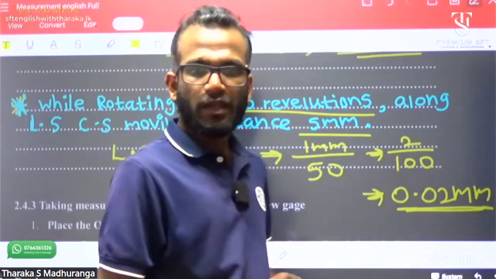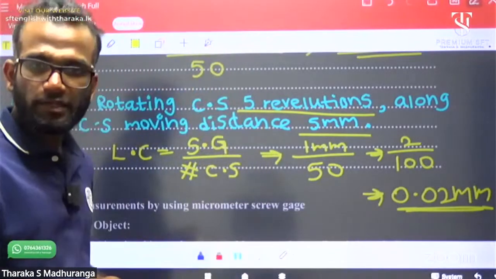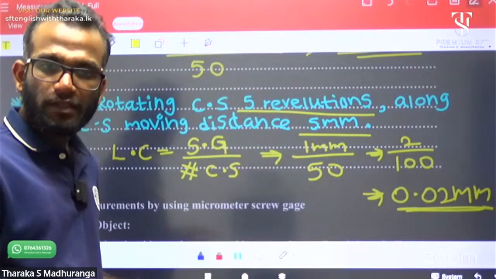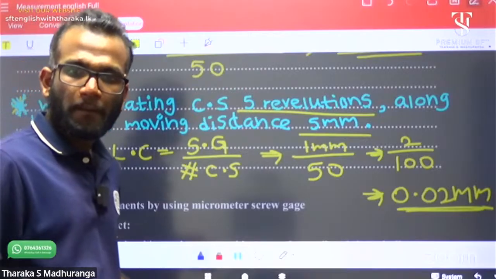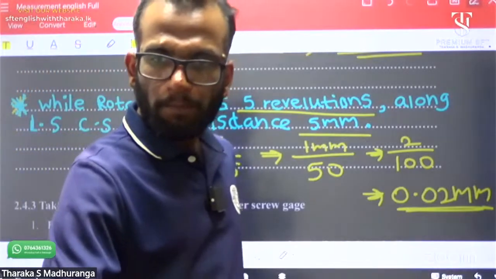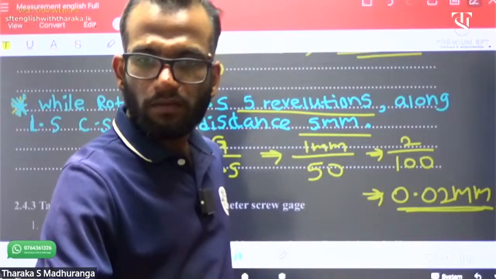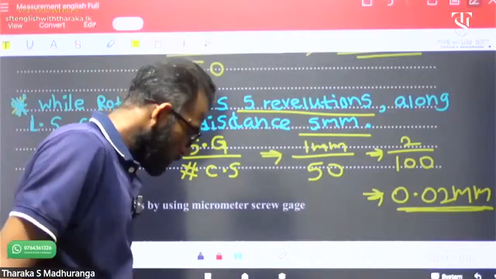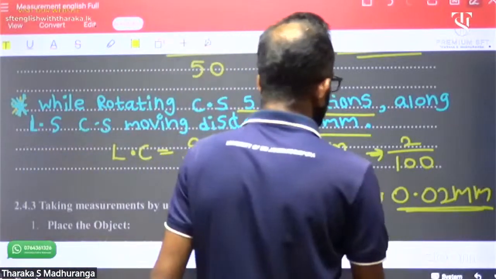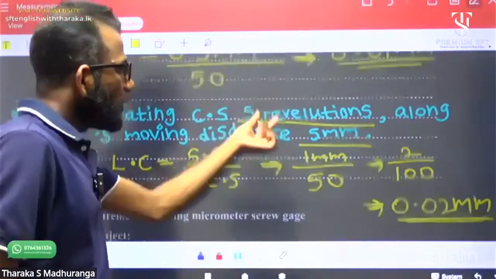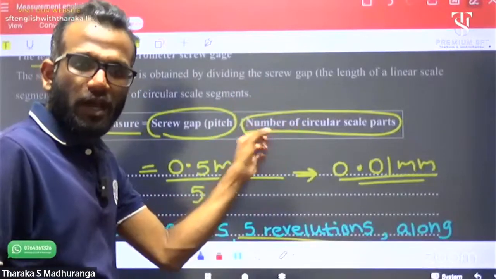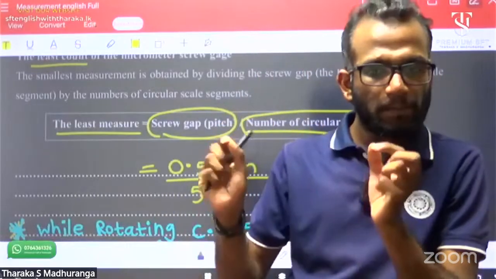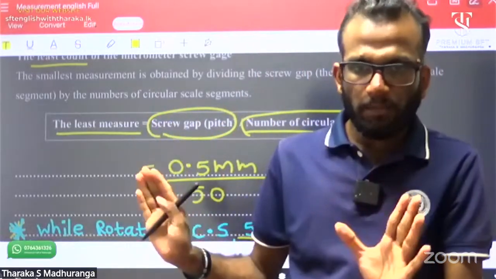The last part is the screw gap part, the calculation part. For any micrometer screw gauge, we calculate the least count using this basic equation: screw gap divided by the number of circular scale parts.